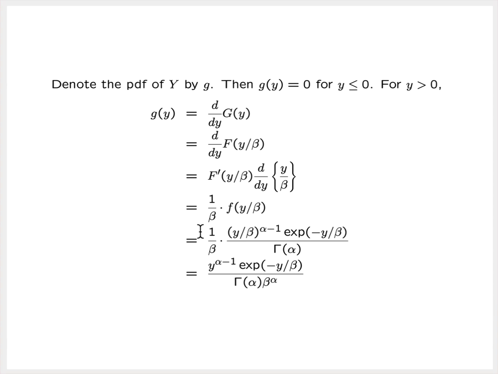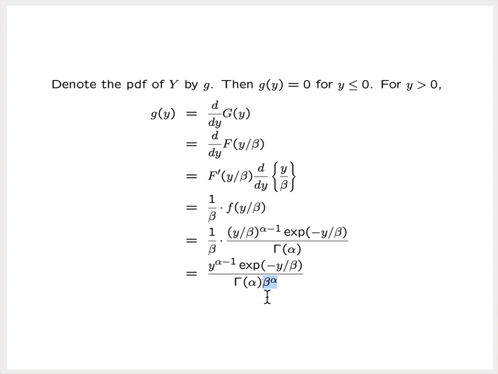Now we have a 1 over beta up front, and then here there's a y times a 1 over beta, and we raise both of those to alpha minus 1. And so we can combine the 1 over beta here with the 1 over beta that's implicit in here, and we end up with 1 over beta to the alpha power. And so that's where this comes from in the denominator for this PDF.